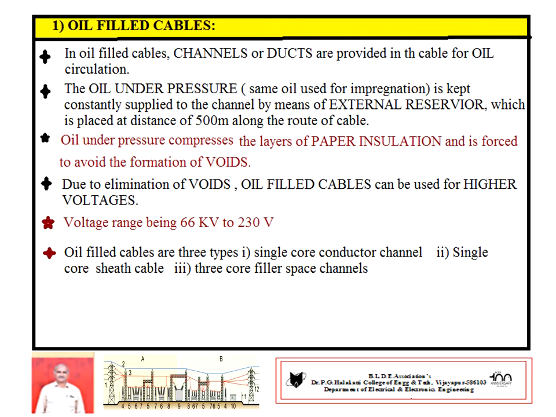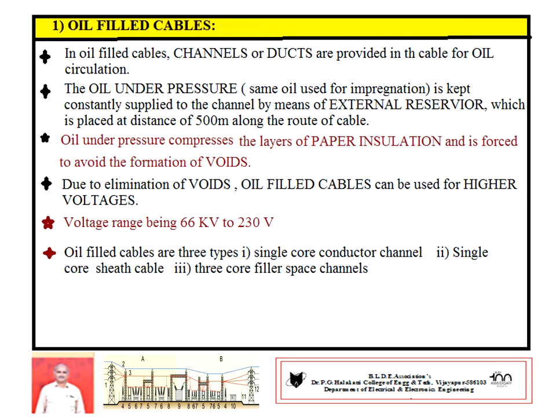Through this external reservoir, pressurized oil is supplied to the ducts and channels constructed in the cables. Oil under pressure compresses the layers of paper insulation and avoids the formation of voids.